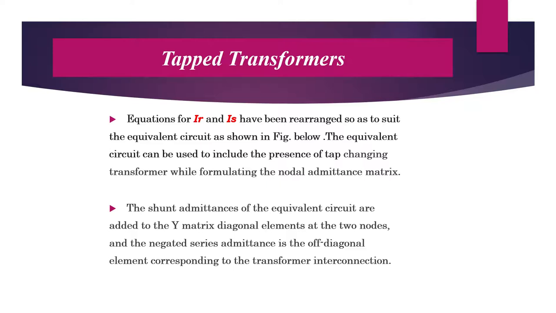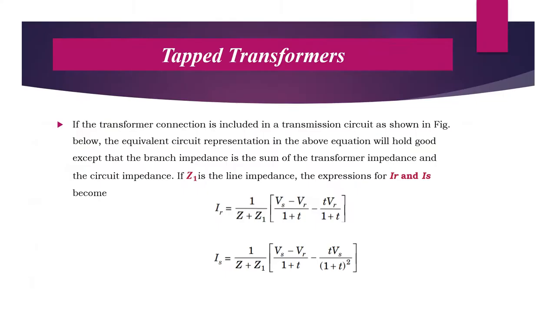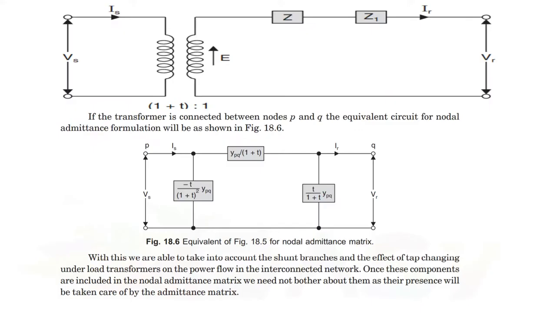If the transformer connection is included in a transmission circuit like this, what I am doing here is including the line impedance in series with the impedance Z. So it is the same diagram: Vs, Is, 1 plus T is to 1, and along with Z I am putting Z1 in series with it. IR is the receiving end current, VR is the receiving end voltage.